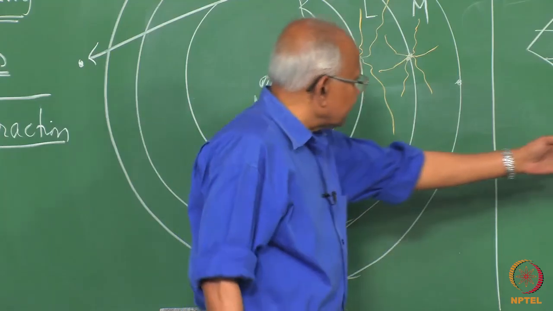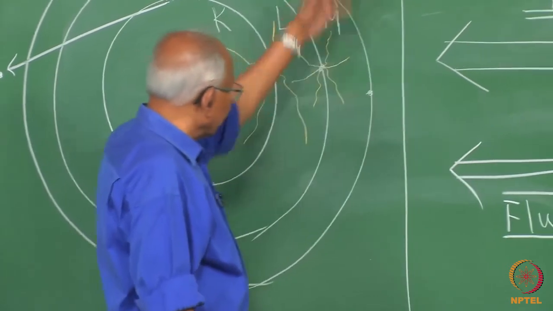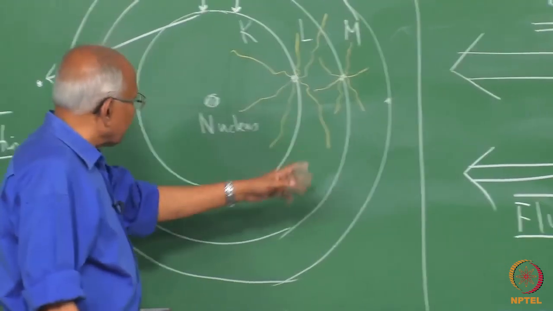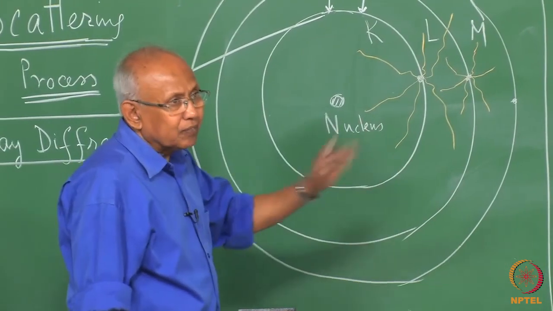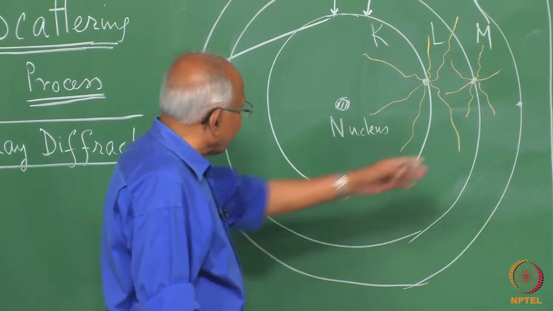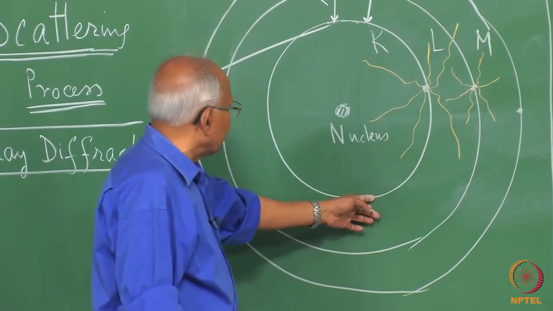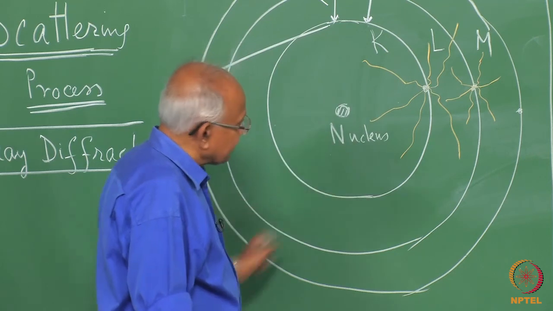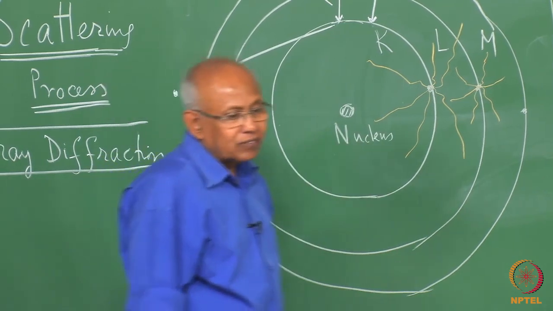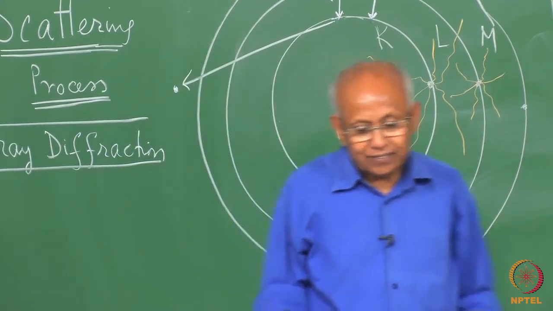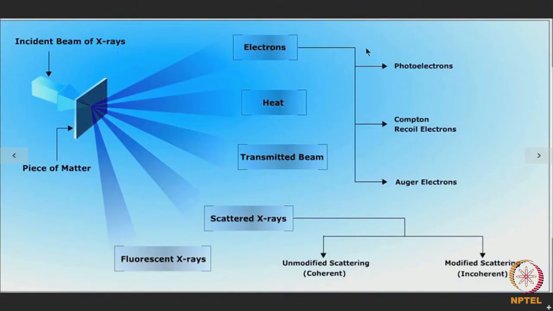When X-rays strike a material, it will produce secondary X-rays. Whenever it knocks out an electron from the target material, that is what is known as a photoelectron.